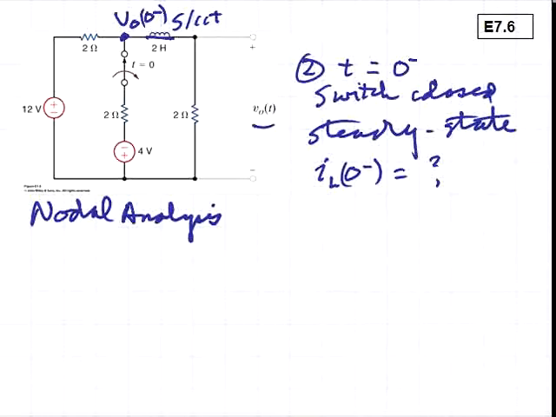So we have one node voltage, two voltage sources, and we'll choose the bottom of the circuit as our reference node. So if we do the nodal analysis, we'll have VO divided by 2 ohms.